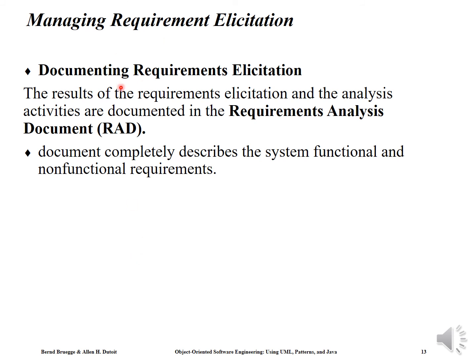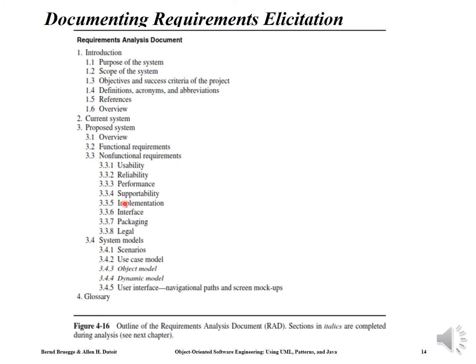So next is documenting requirement elicitation. The results of the requirement elicitation and analysis activities are documented in the requirement analysis document. This document completely describes the system, the functional and non-functional requirements, and serves as a contract between client and developer. It is divided into the following sections.